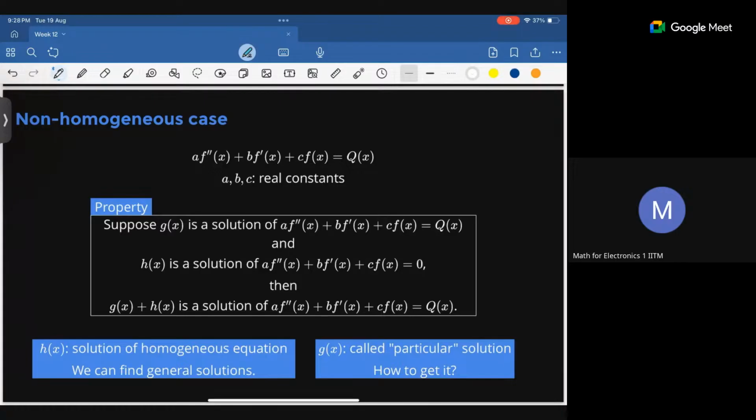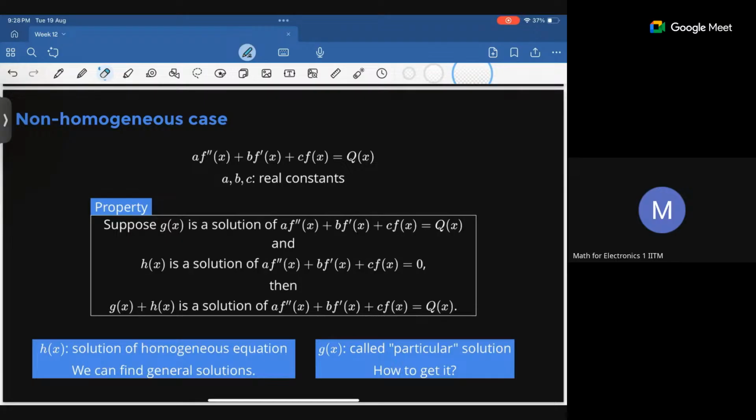Okay, so if it is not 0, what we'll do is get to the solution in 2 steps. One, we will find the solution for this non-homogeneous case by having q of x as it is, which we call g of x as the solution. And we'll also find the solution for the homogeneous case, which is when a f double prime of x plus b f prime of x plus c into f of x is equal to 0.